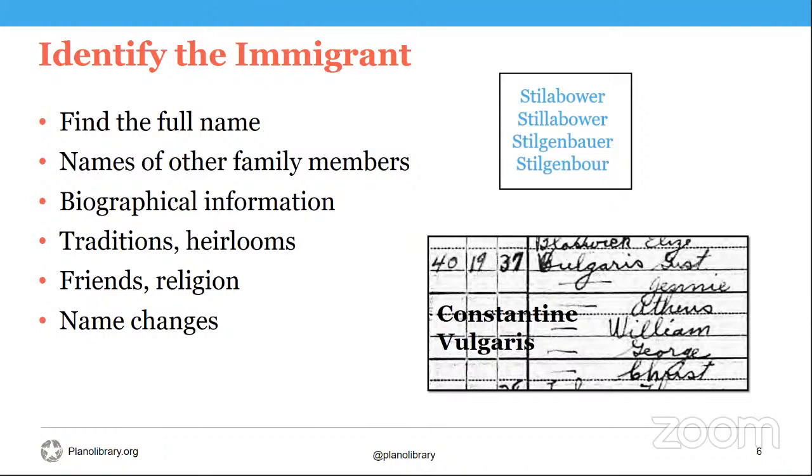You also want to have the date of immigration. And that is taken with a grain of salt, because in the census records where you see when they immigrated, or if they were naturalized, that date can change from census to census, in records, and in stories.